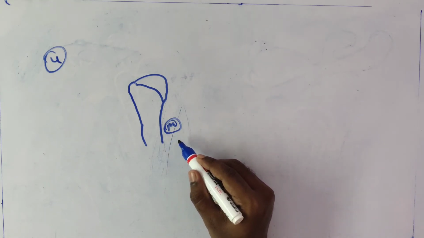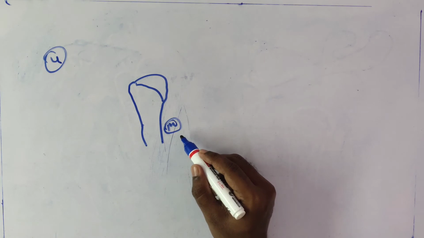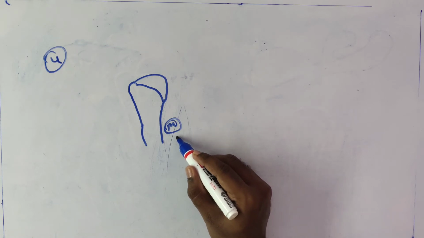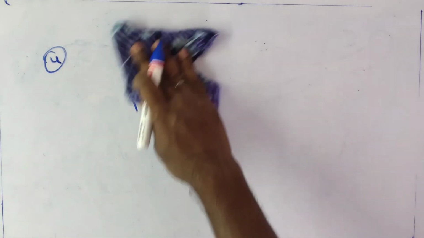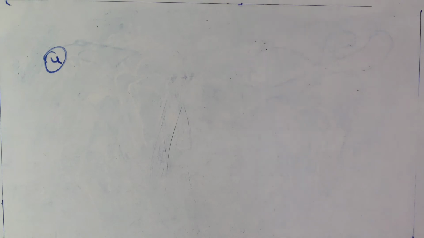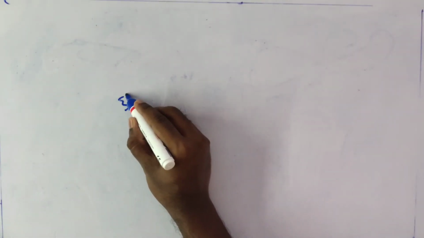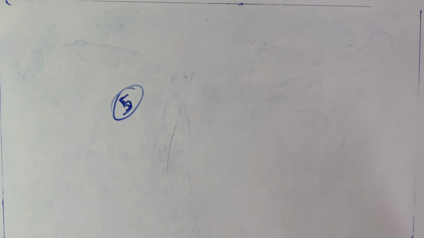In the diagram, locate the medial side and then write about the medial side of the upper end of humerus. This is the fourth diagram. In the fifth diagram, write about the lateral end.